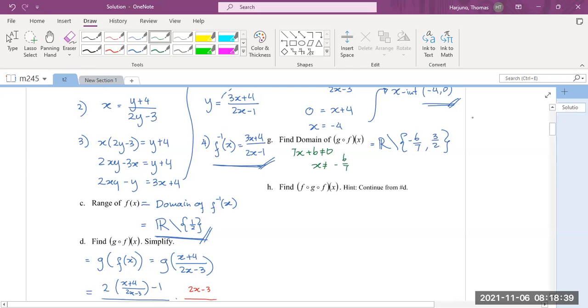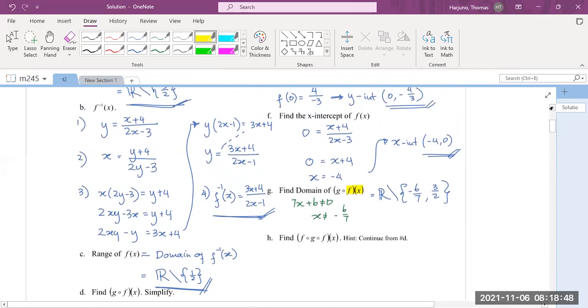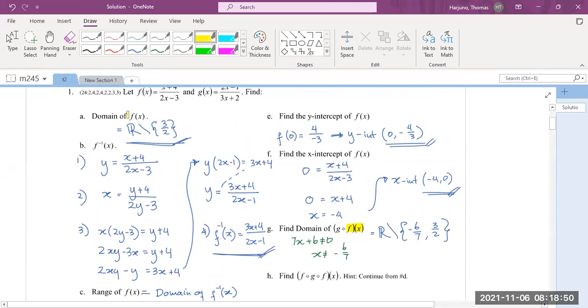But also, we need to avoid anything avoided in the domain of f(x). So we need to avoid 3/2 also. 3/2 cannot get into f(x), right? So if it cannot even go into f(x), then it won't be going into the composite function.